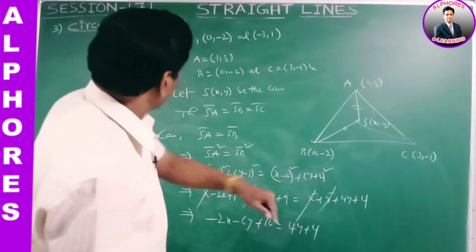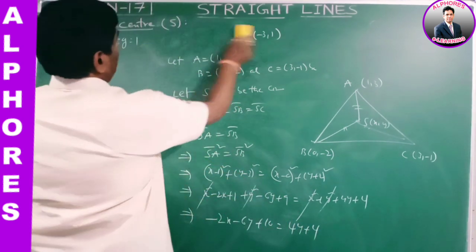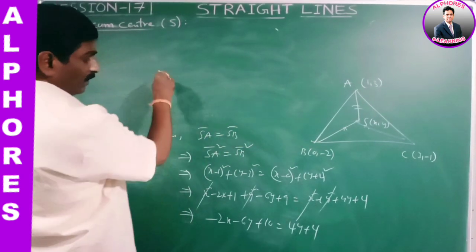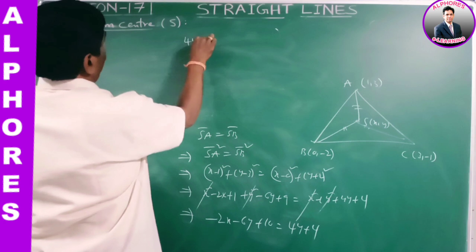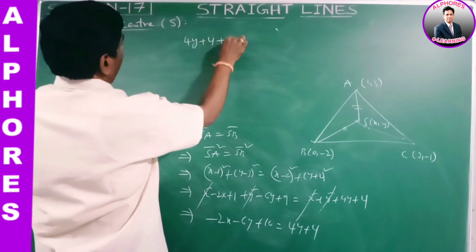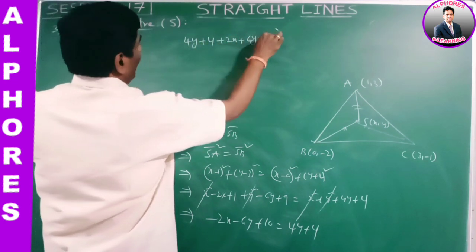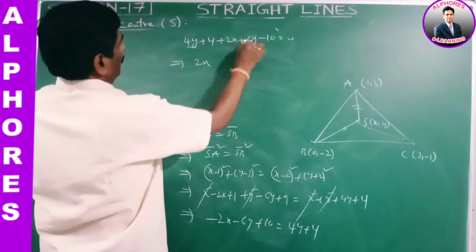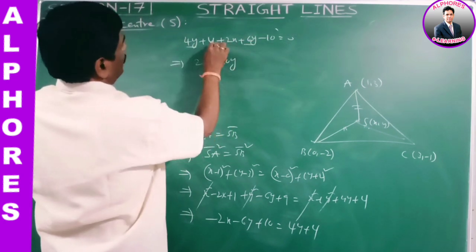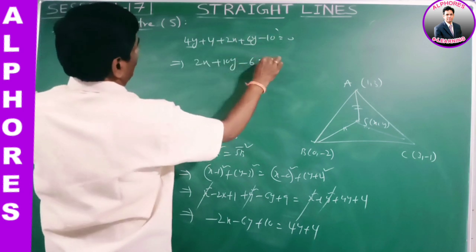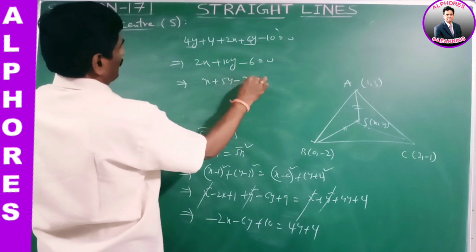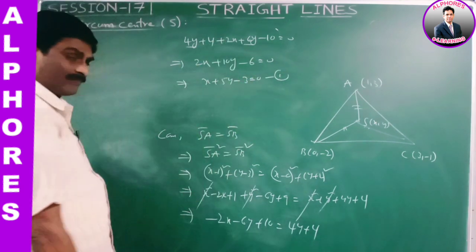Move these values to the right-hand side: 4y + 4 + 2x + 6y - 10 = 0. That means 2x + 10y - 6 = 0. Two is the common term, so x + 5y - 3 = 0. This is equation number 1.